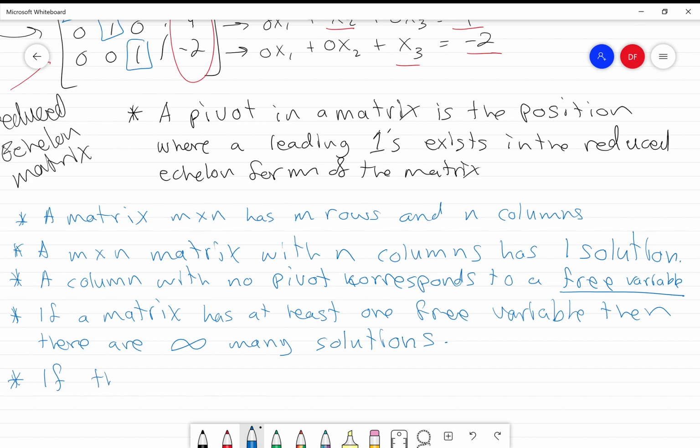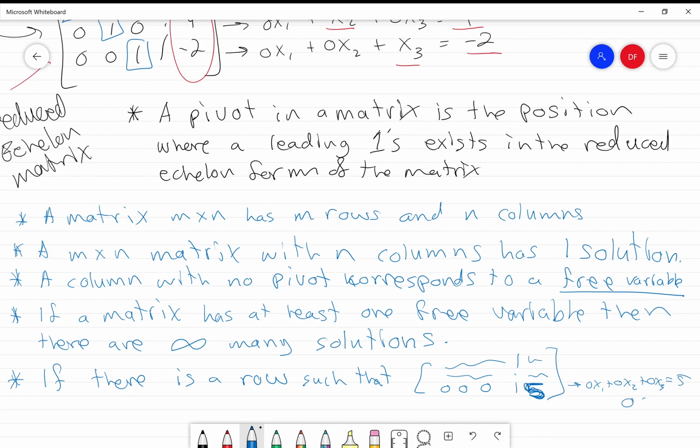And if there is a row like the following, let's say you have a row, and then here you have 0, 0, 0, 5, let's say, or a number that is not 0, then this means that 0x1 plus 0x2 plus 0x3 equals 5, which would mean that 0 equals 5, which is not possible.